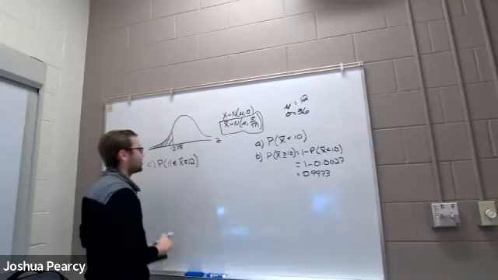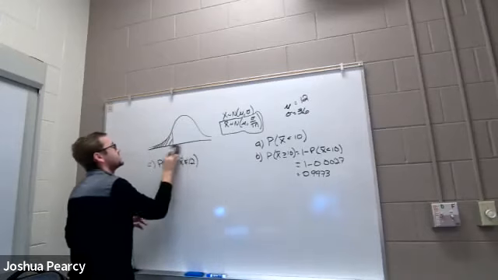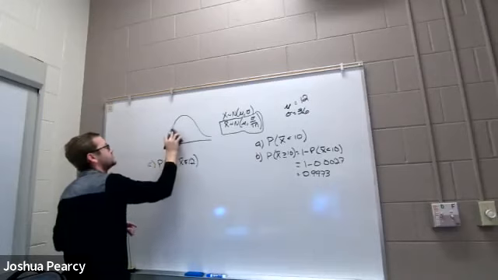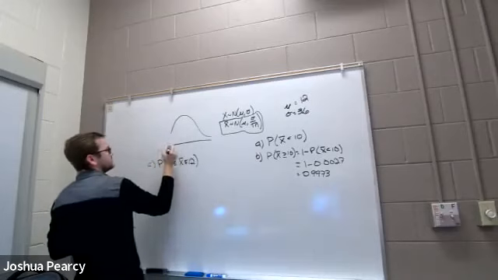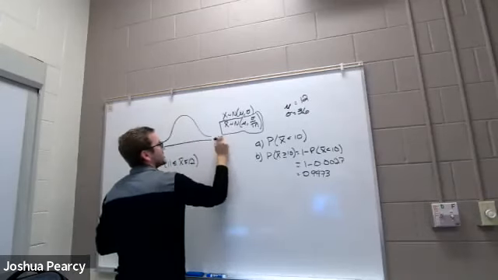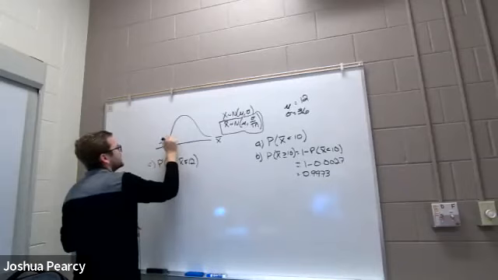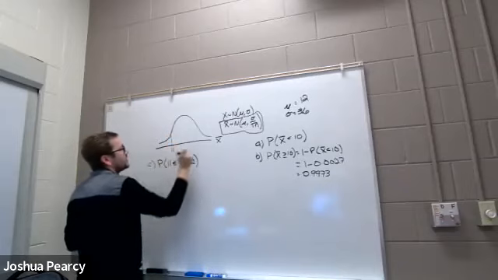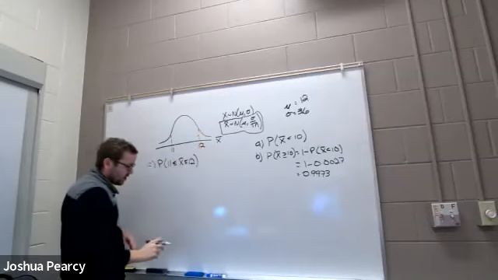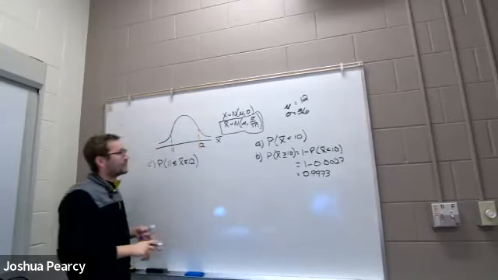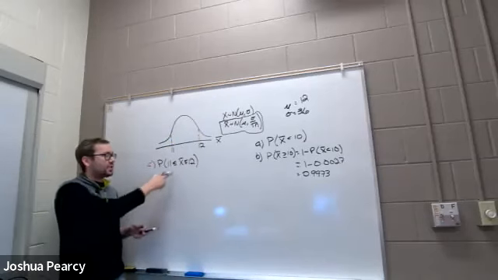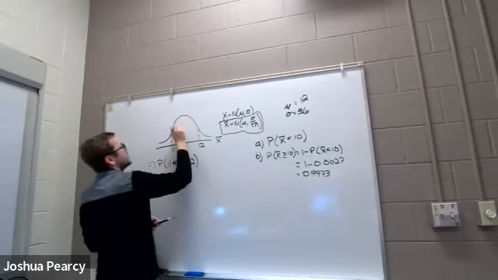If we draw it out pictorially, here we have the distribution of X bar, and say here is a sample mean of 11 and here is 12. We're interested in what area: the left, the middle, or the right. We want the probability of it falling between, so it's going to be in the middle.